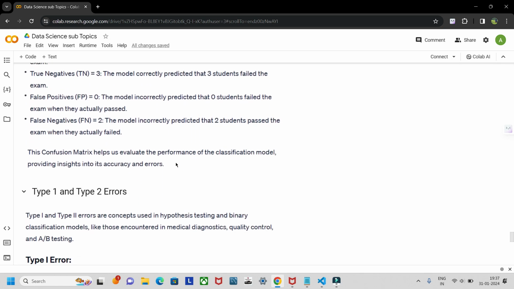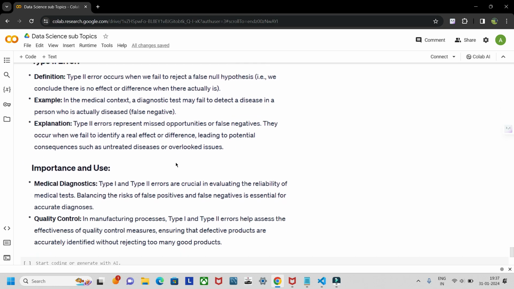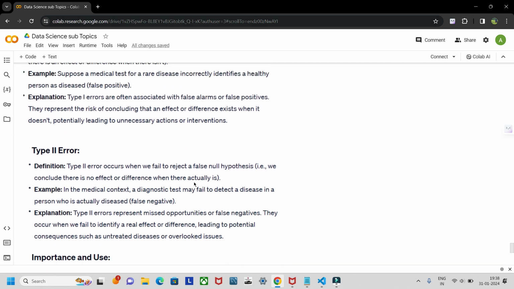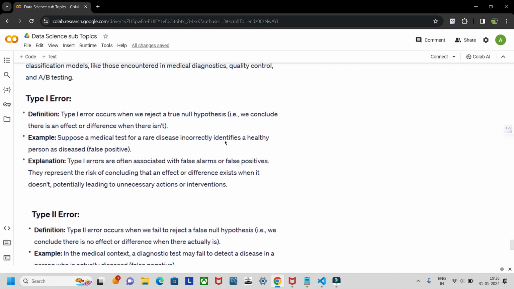If the person is actually diseased and we identify them as not diseased, then the person might die, right? So type 2 error also has a negative impact. In the case of type 1 error, we incorrectly identify a healthy person as diseased.